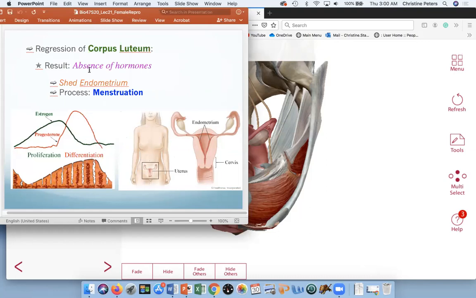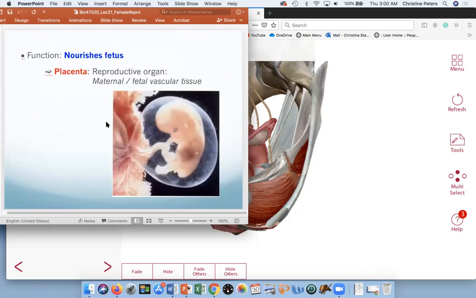In the absence of these hormones, the endometrium gets shed, and this is that process of menstruation. Looking at the inside line, that endometrium is going to get lost, and we'll start to have menstrual bleeding.